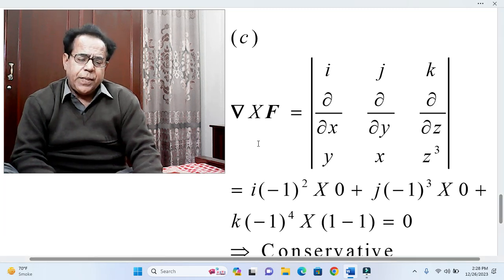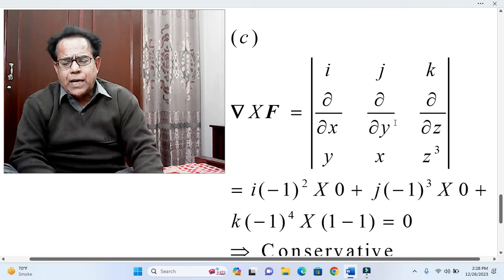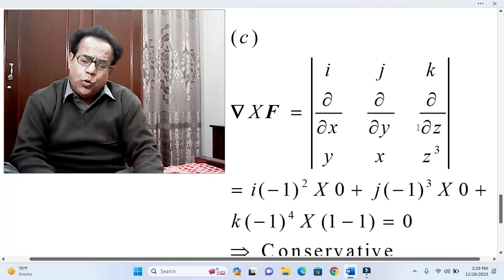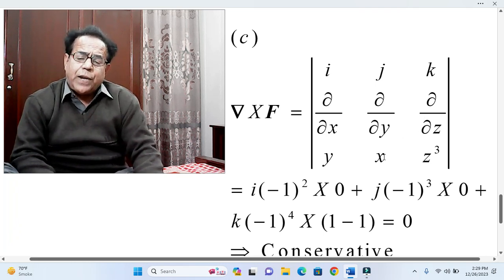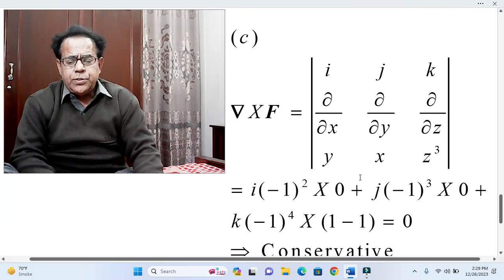Now here, when we expand it from the first row, when we take i, the first column and first row will be treated as omitted, and the partial derivative of z with respect to y is always 0, with respect to x is also 0, only with respect to z it will be 2z, but here this is not the case, so it will be 0. Minus the partial derivative of x with respect to z is 0, with respect to y is again 0, only the partial derivative of x with respect to x will be 1, but this is not the case here, so 0.